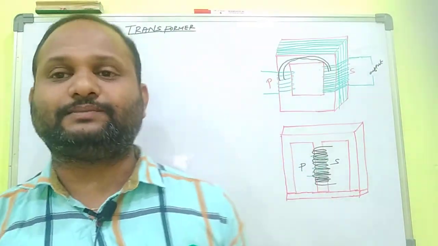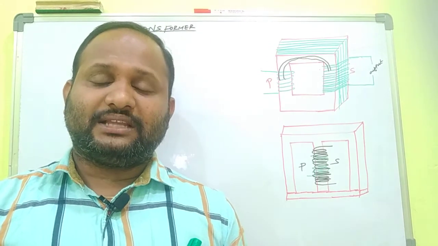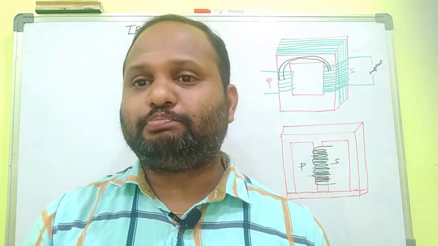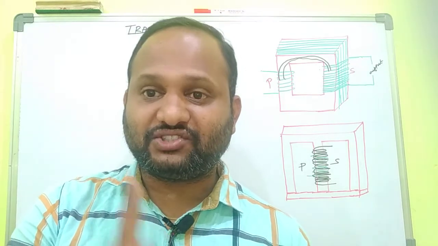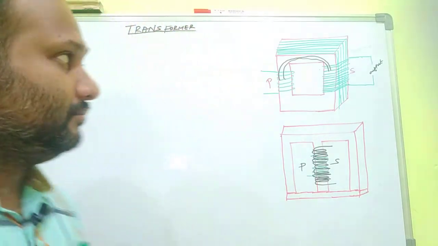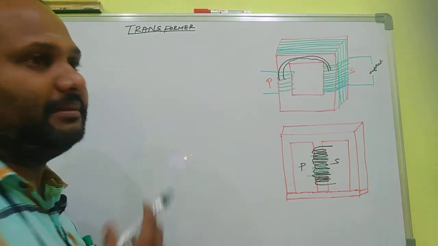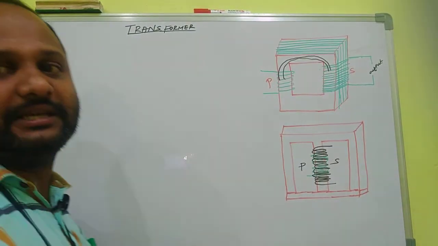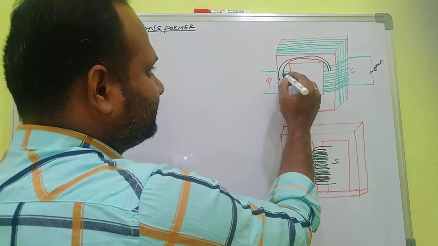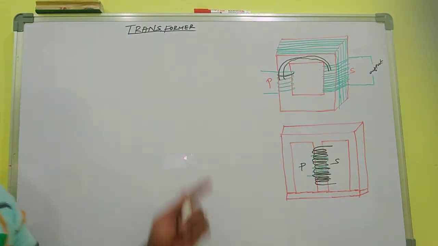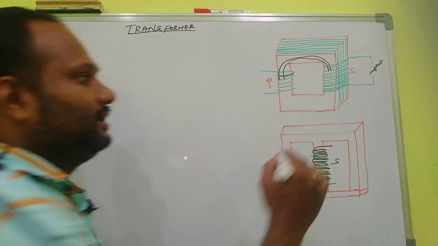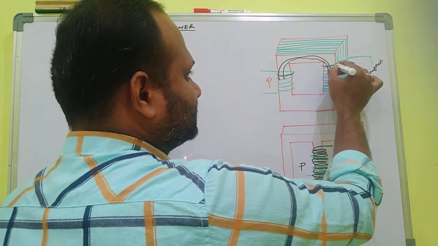Okay, the next is that the EMF induced per turn across the primary and the secondary coil is the same, because the same flux is linked with the primary and secondary. So per turn, for example, this is one turn. The EMF induced in this one turn will be equal to that in a single turn across the secondary.